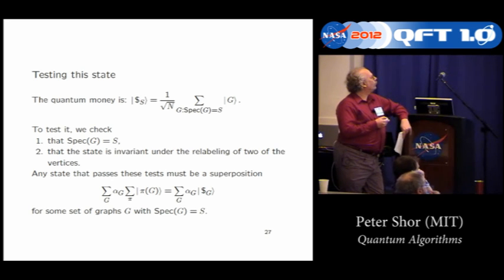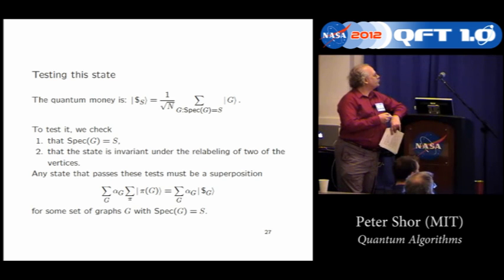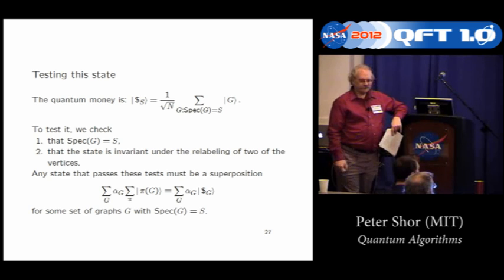So how do we test the state? Well, first, the easy part is that we check that the spectrum of G is indeed S. Here, S is the spectrum, is the serial number, and this is the quantum state. And then you check that the state is invariant under the relabelings of the vertices.